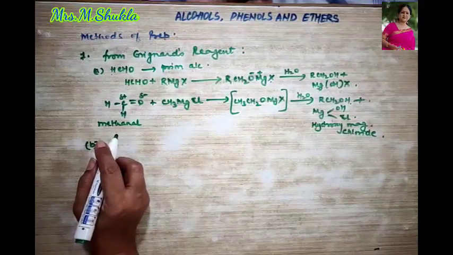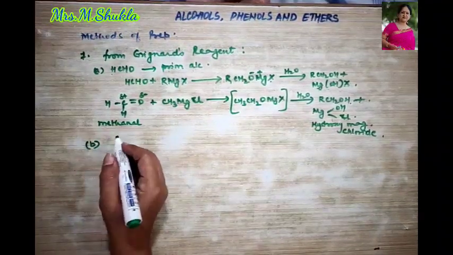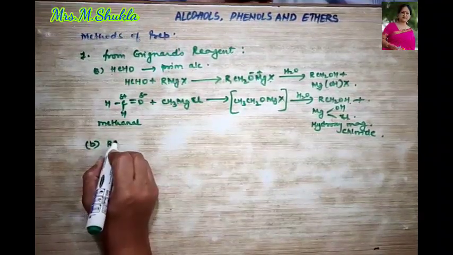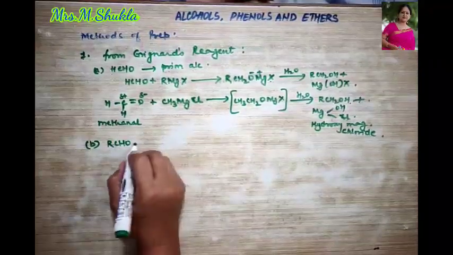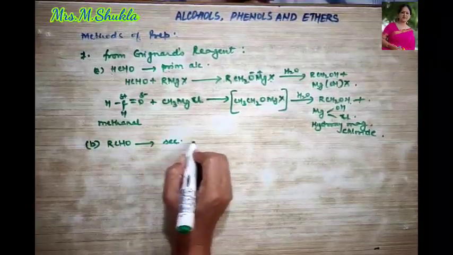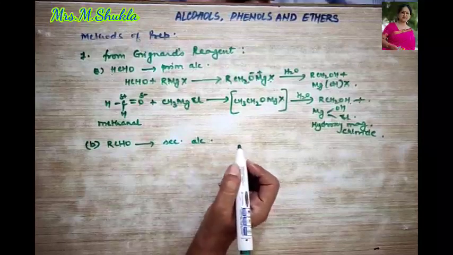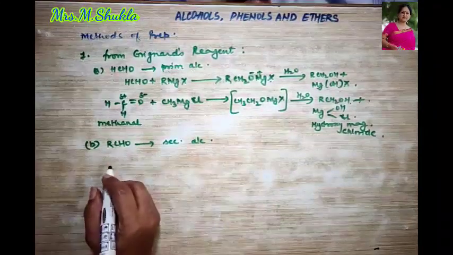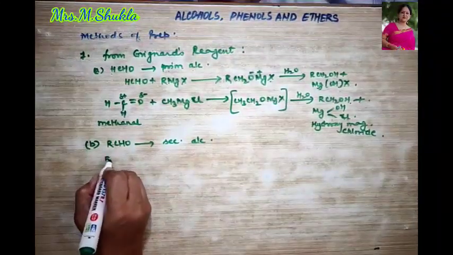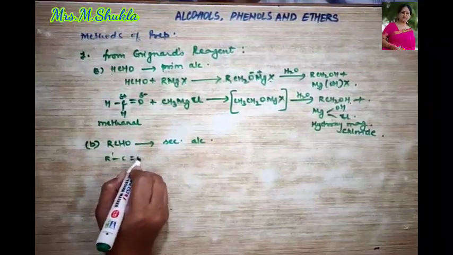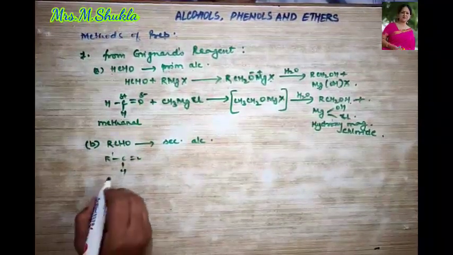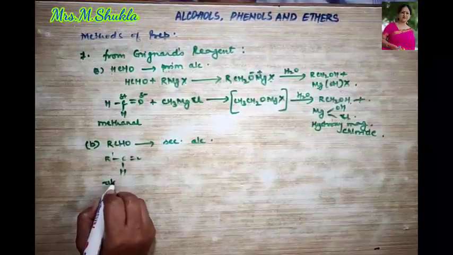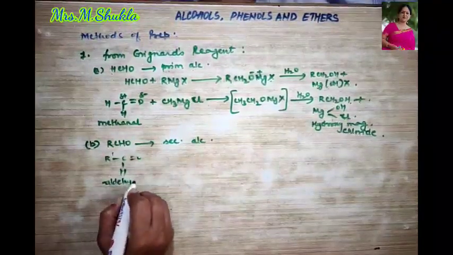This was the first reaction. Then we can also see the aldehydes, that is RCHO. They will always give us secondary alcohols. Let's take an example, R-CHO, this is your aldehyde.